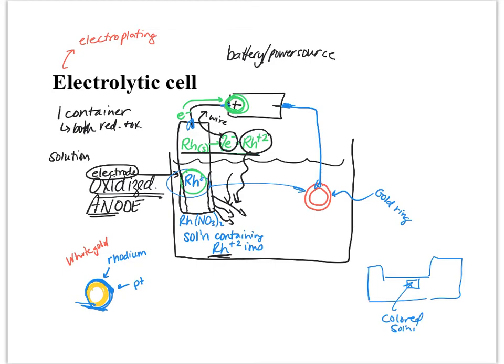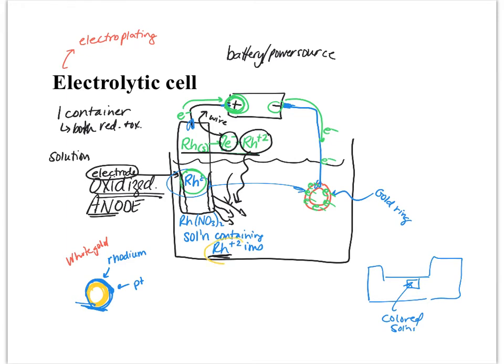So at the other electrode, those electrons are now going to be kicked out the negative side of the battery, which makes sense. Those electrons are going to flood the surface of the ring. What in the solution is going to be pulled towards those electrons?